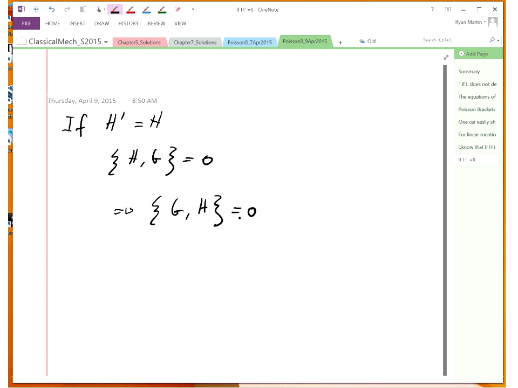But we just said earlier that if the Poisson bracket of something with the Hamiltonian is 0, that something is conserved.